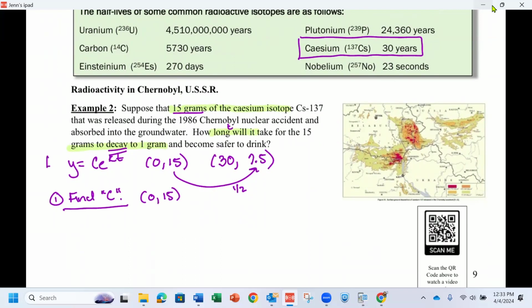And then I'll plug that into my exponential decay model. So I know that 15 is going to be equal to C times e raised to k times 0. So what's C going to be equal to? C will be equal to 15. So I can start writing my equation. y is equal to 15 times e raised to the kt.